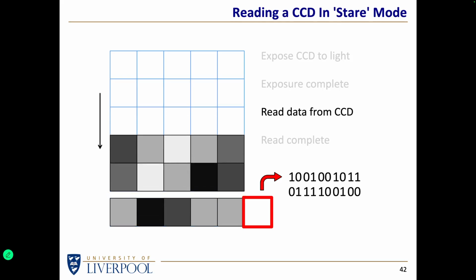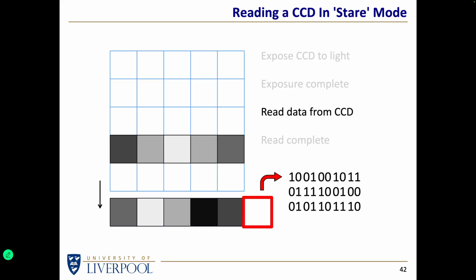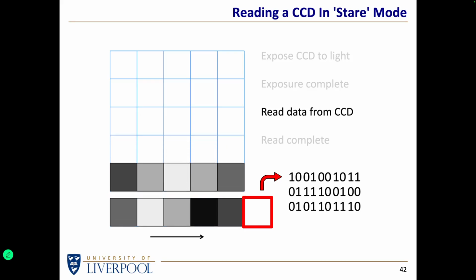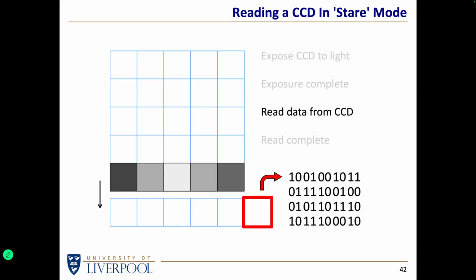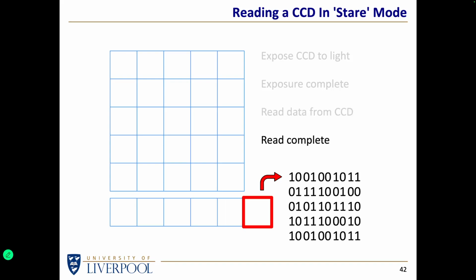It takes about a millisecond to move every line down, and it takes about a microsecond to read the content of each pixel and convert it from a charge to a digital number, which is then stored. Of course, I'm only showing 25 pixels here compared to the many millions of pixels that will be in a CCD. But once it's finished, all of the charge has been effectively drained out of the CCD, and we now have an array of numbers.